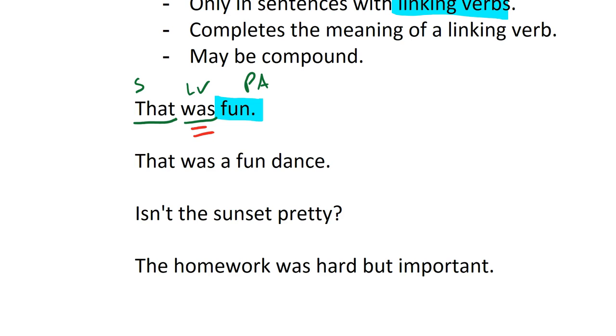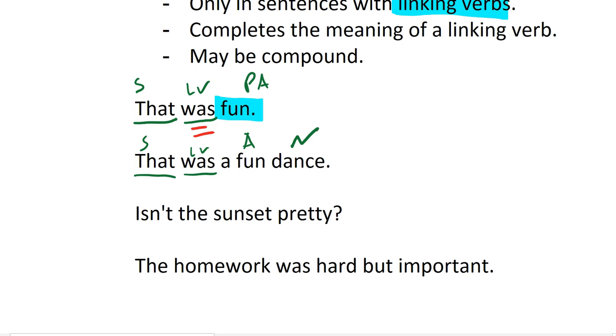That was a fun dance. Okay, be careful here. One thing at a time. Again, that is your subject. Was is your linking verb. And now we have to ask what's going on here. That equals what? Well, does that still equal fun? Because that's what I had in the first sentence. Or is that equaling a dance? In this case, we have an adjective here and a noun here.